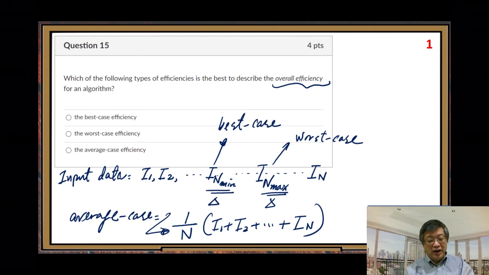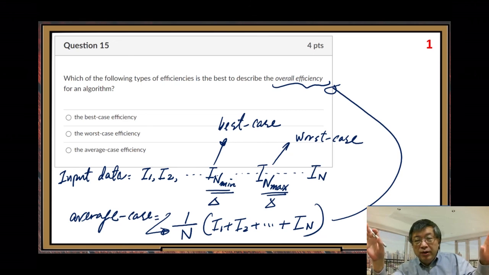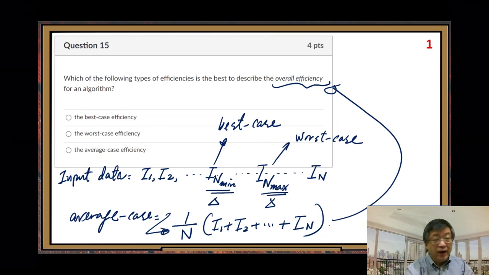Can we use this to represent overall efficiency? Yes, because we factor in all the possible input cases.